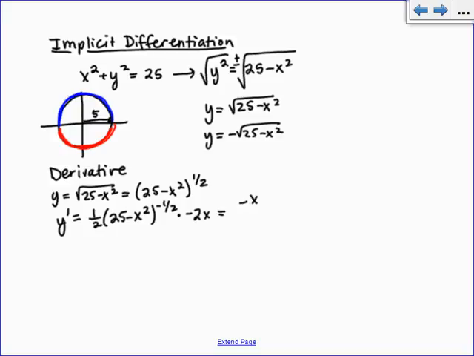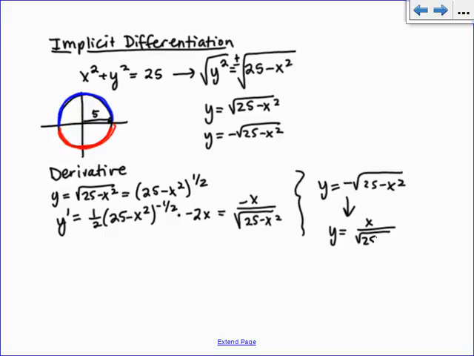We'd end up getting negative x over the square root of 25 minus x squared. We could do the same thing for y equals negative square root of 25 minus x squared, and you would end up getting x over the square root of 25 minus x squared. So you could take the derivative of those.